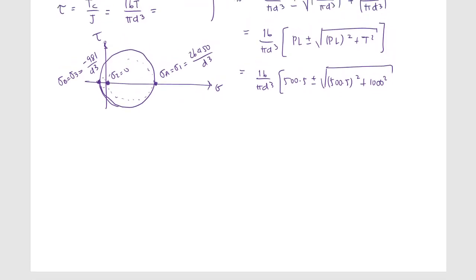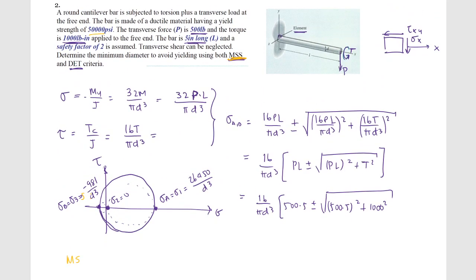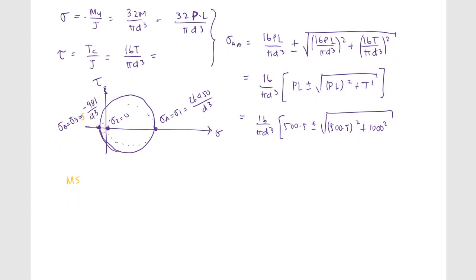For MSS, I want to compare the yield over 2. So the yield strength SY is 50 KSI, meaning that the shearing yield strength is half of that, 25 KSI. And I'm going to compare this maximum shearing stress to that.